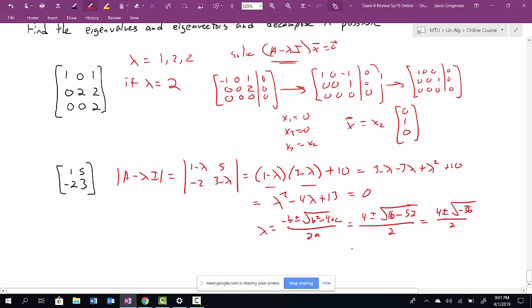And then the square root of negative 36 is 6i. Divide everything by 2, I get 2 plus or minus 3i. So those are my eigenvalues. Lambda is equal to 2 plus or minus 3i.